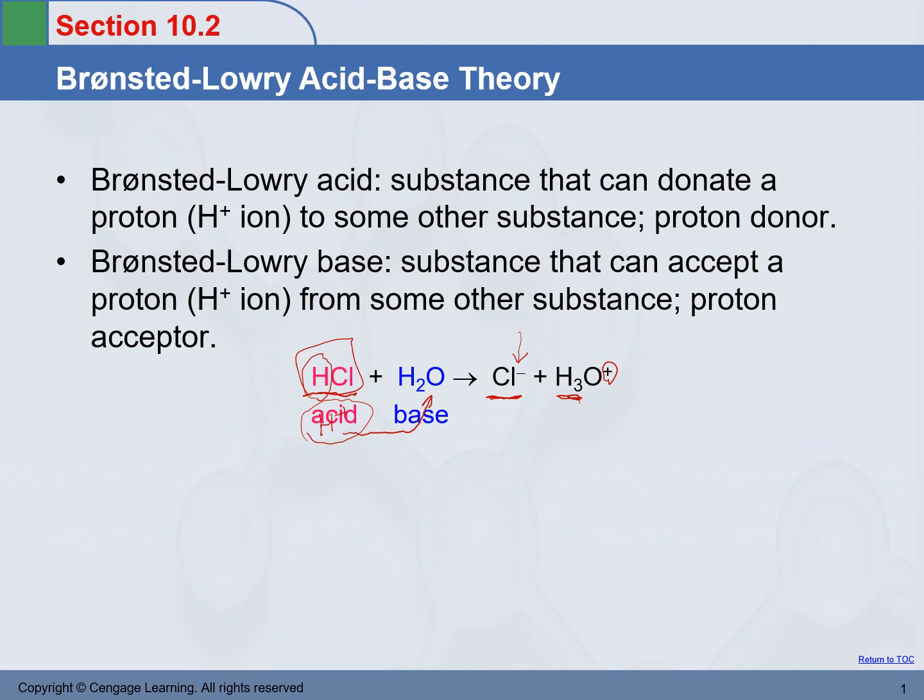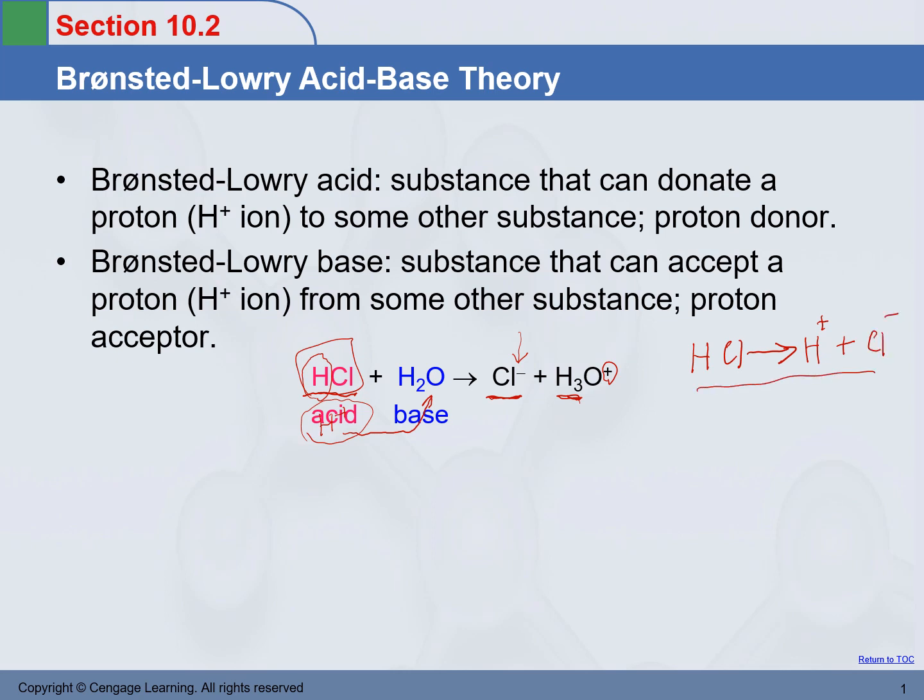Well, I don't know how many of you remember what we talked about last time. Last time when we were talking about Arrhenius acid and base, we used the example of HCl. We said that when HCl is dissolved in water, you're going to produce proton, hydrogen ion, and chloride ion.